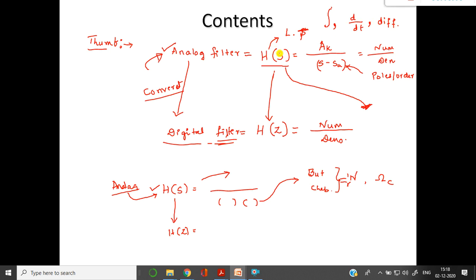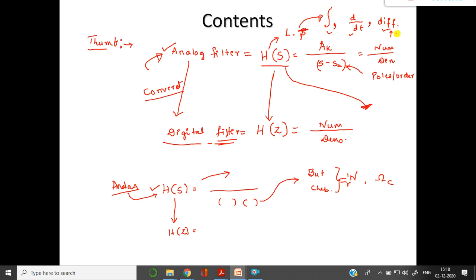See, in analog form, any mathematical equation you take, right from the Laplace transform, is represented in the form of integration, or the reverse operation of integration, differentiation, or even difference equations.